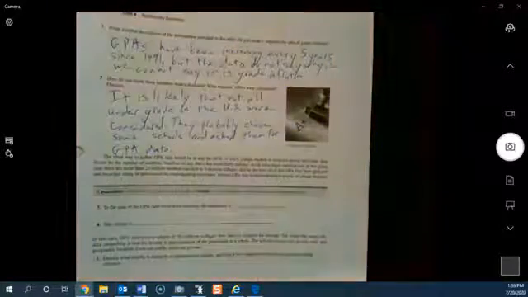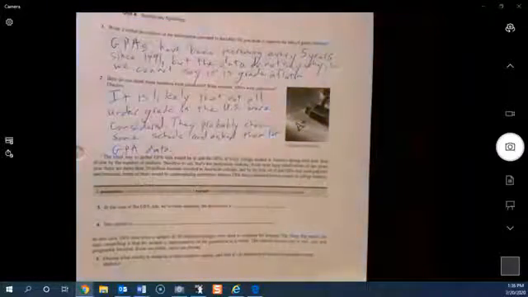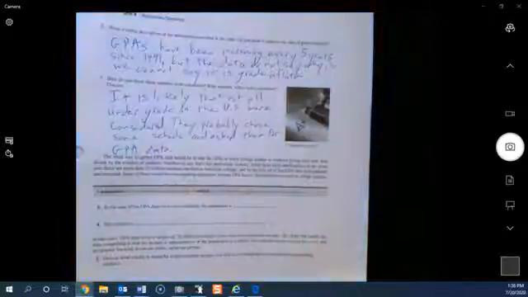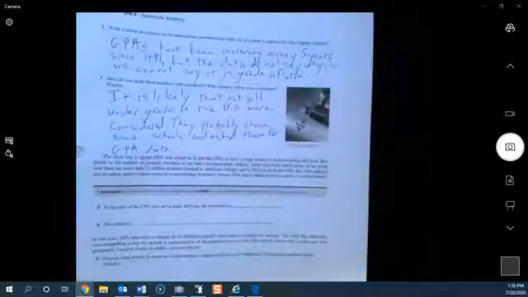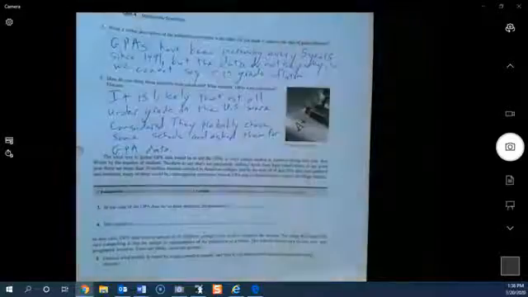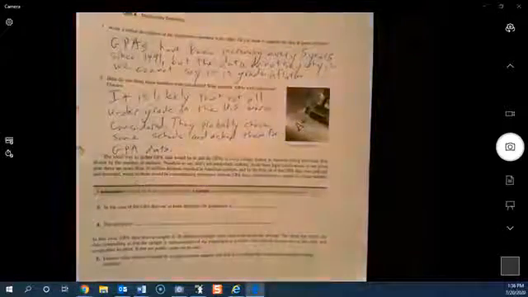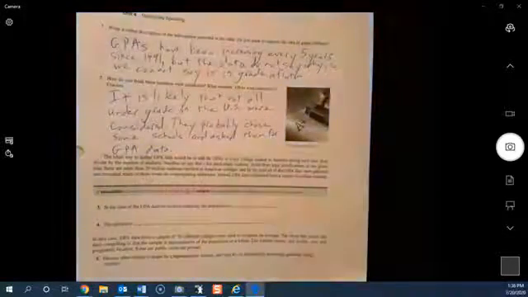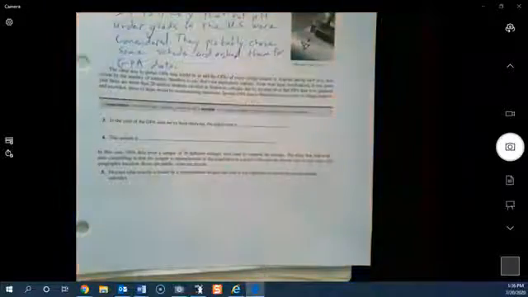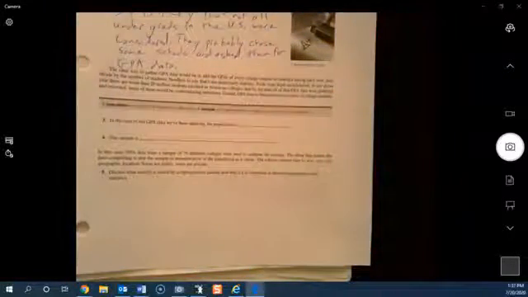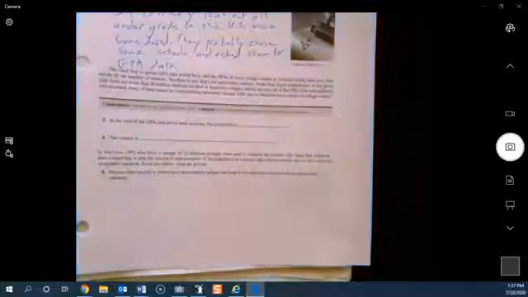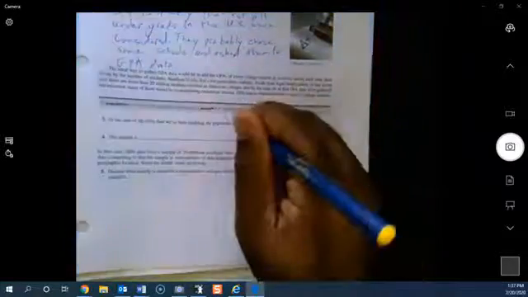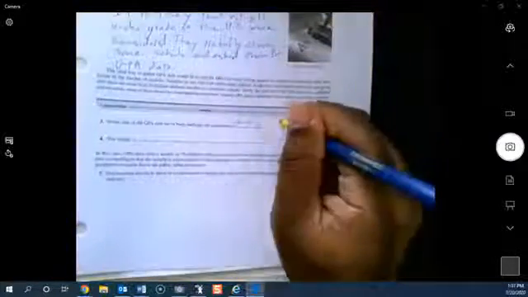Okay, now it says here, population consists of all subjects under study. A sample is a representative subgroup or a subset of a population. So that's very important. Because in a lot of things in statistics, you're going to use samples. Okay, now, in the case of the GPA data we've been studying, the population is every college student.